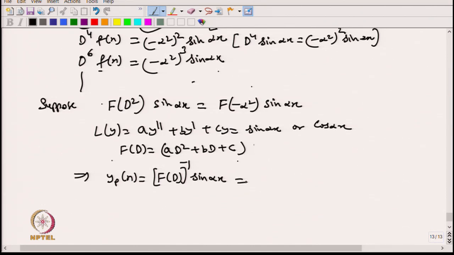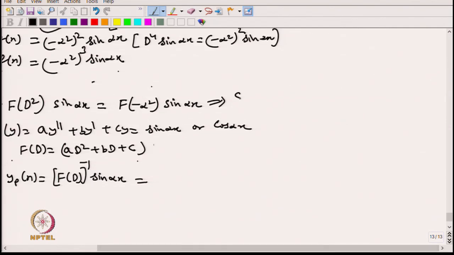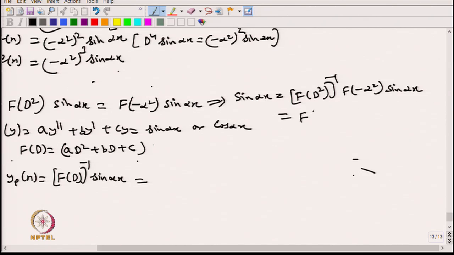Now, from here I can show that sin of alpha x can be written as f(D square) inverse f of minus alpha square sin of alpha x. This f of minus alpha square is just a constant value, so I can take it on the left hand side.